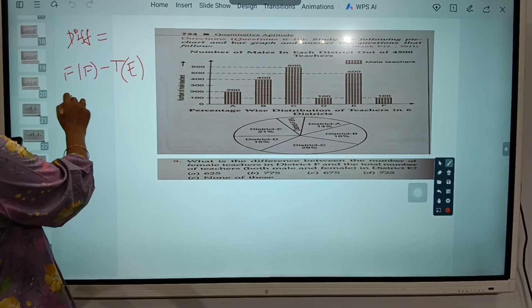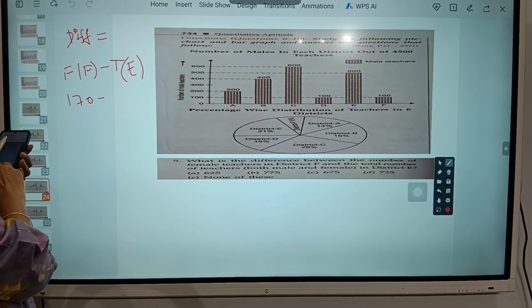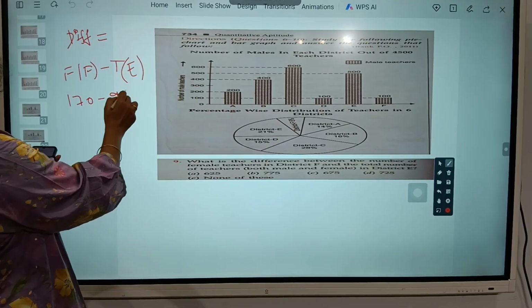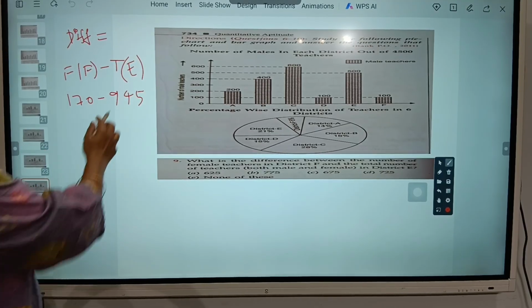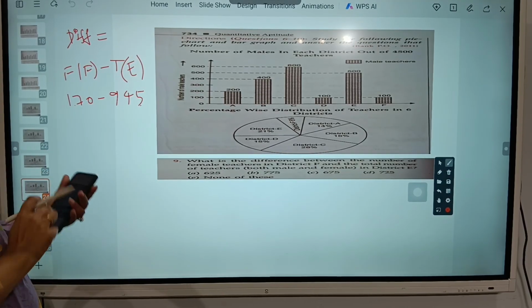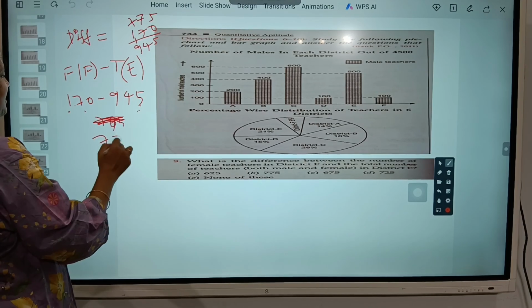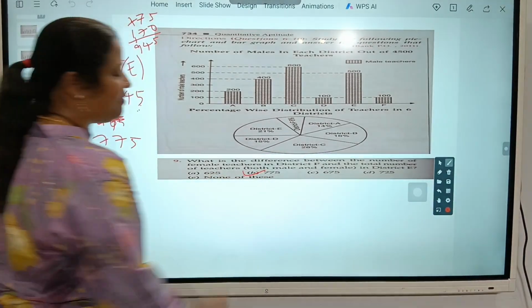We got it is 170, and the total number of teachers in E is 945. So 945 minus 170 we will make out. The answer will be 775. The answer is B, 770.